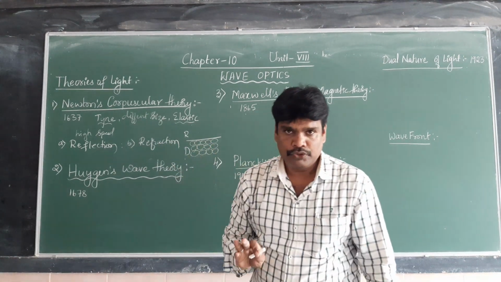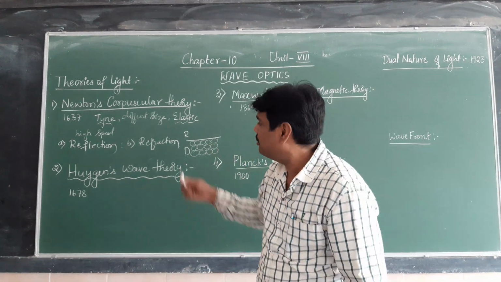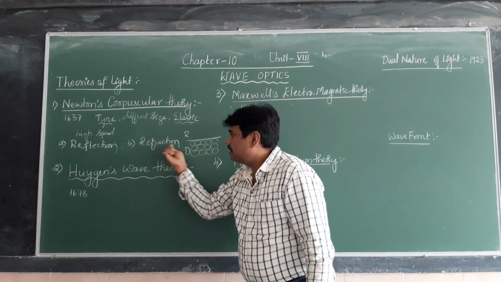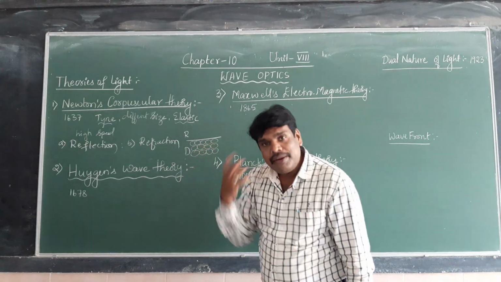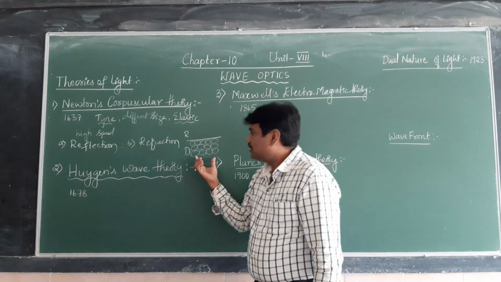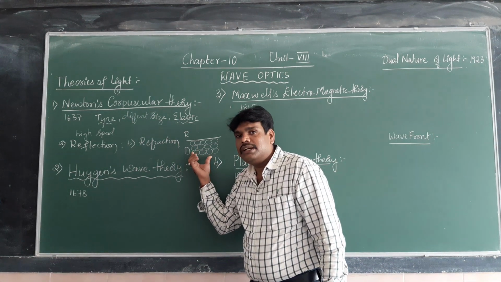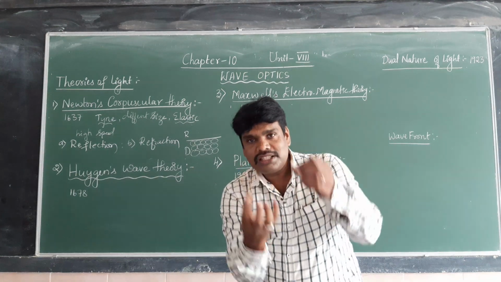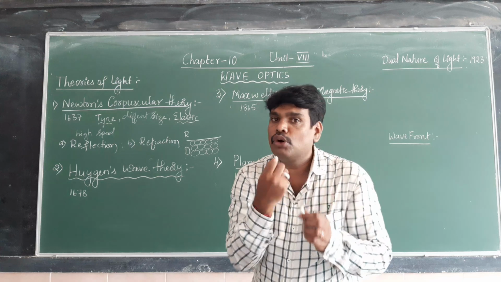So the reason I told, which concept has he taken to explain this refraction of light? He has taken the concept of gravity. So according to that, when tiny particles enter this medium, the medium particles are larger in size, so the larger body always attracts the smaller body, you know that.